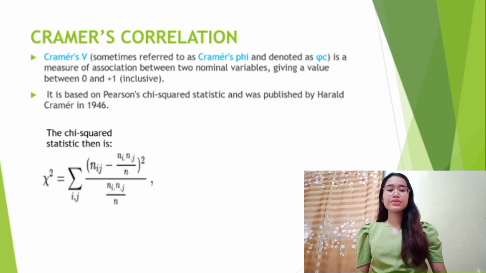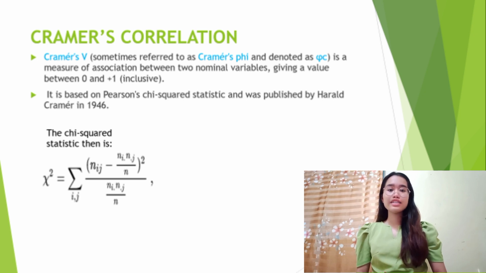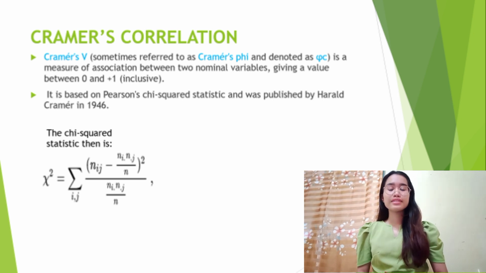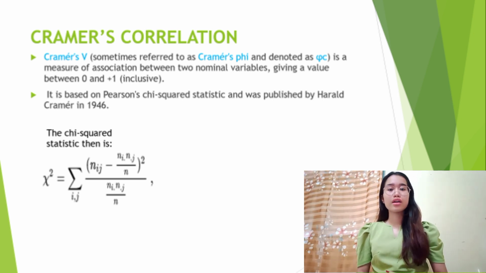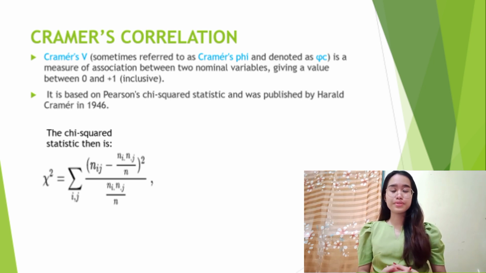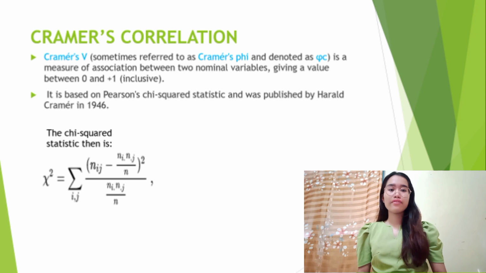In the case of a 2 by 2 contingency table, Cramer's V is equal to the absolute value of the phi coefficient. Note that as chi-squared values tend to increase with the number of cells, the greater the difference between rows and columns, the more likely phi c will tend to 1 without strong evidence of a meaningful correlation.